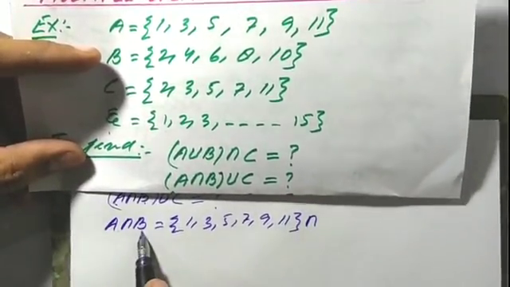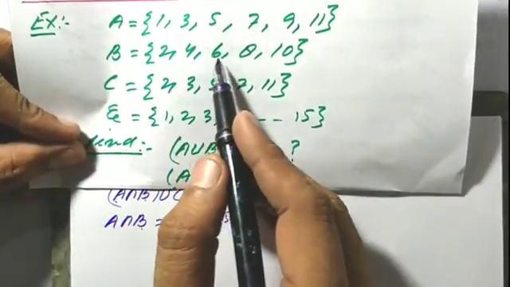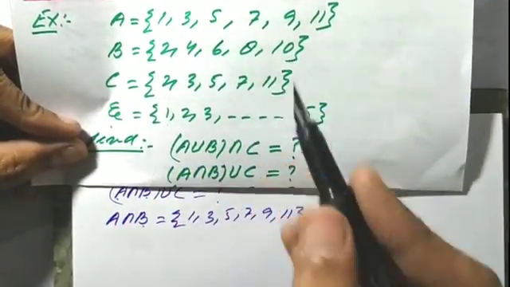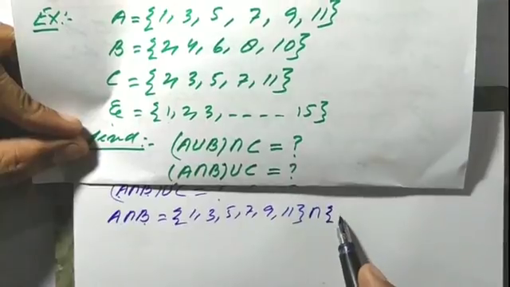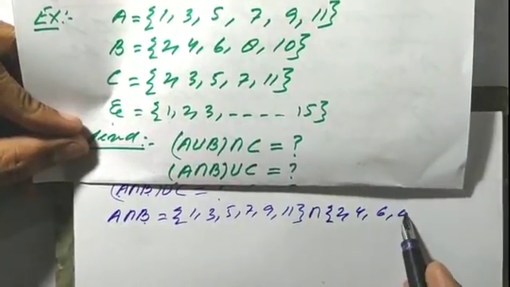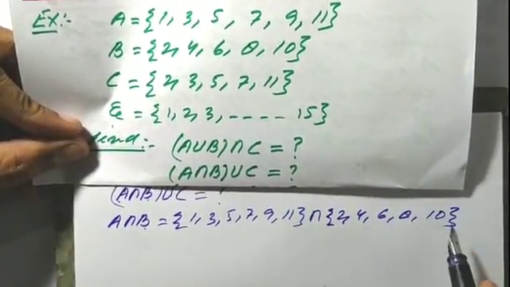Intersection B. B is the set of all the even numbers from 2 to 10, so the set is 2, 4, 6, 8, 10.